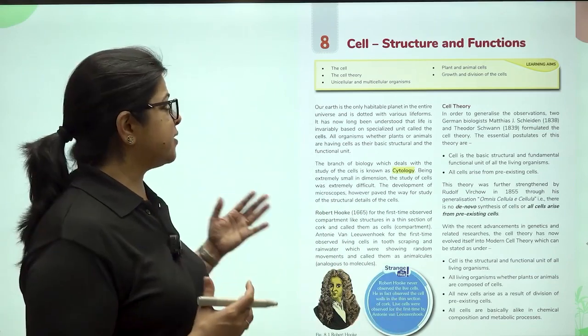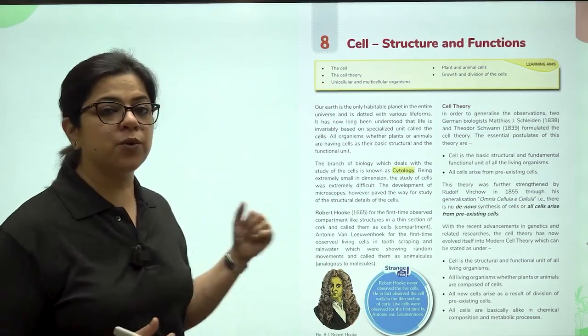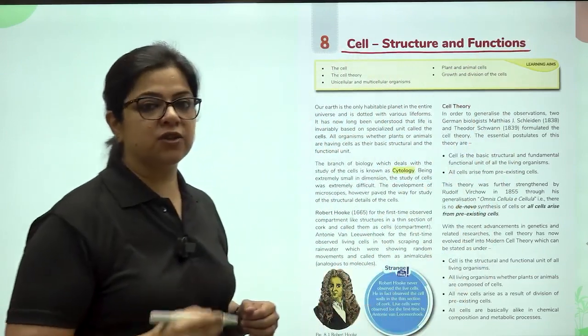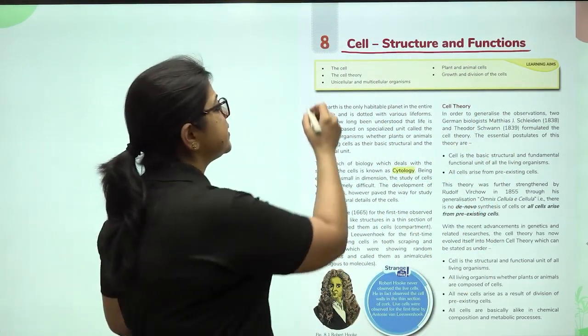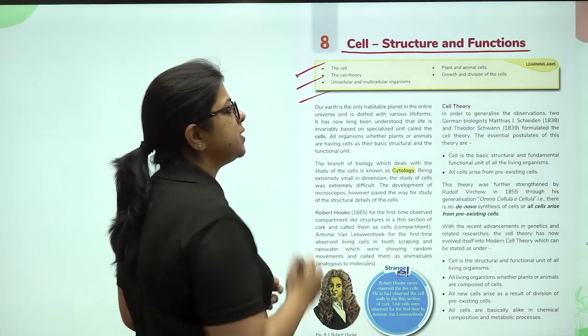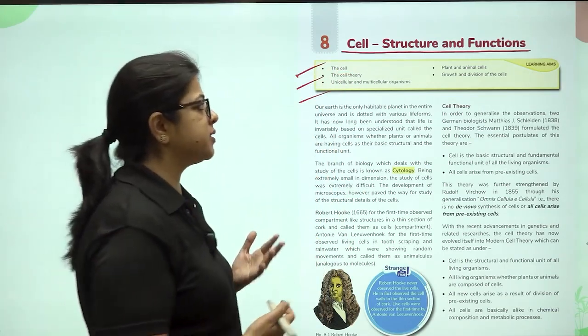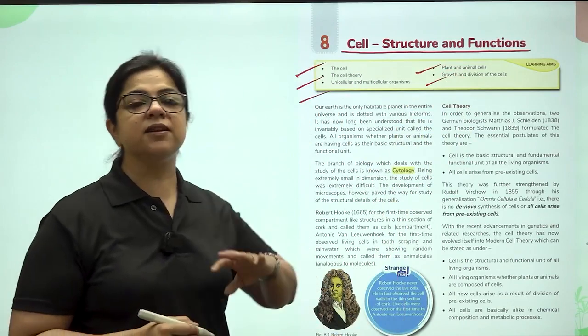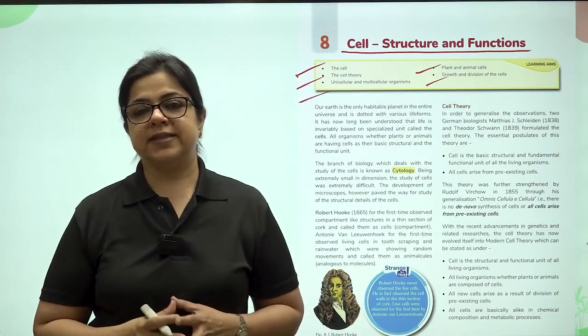So today in this session in chapter number 8, we are going to understand about cell structure and functions. We are going to understand the cell, its theory, the unicellular and multicellular organisms, differentiate between plant and animal cells, and understand growth and division of the cell.